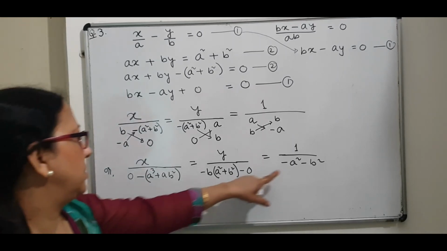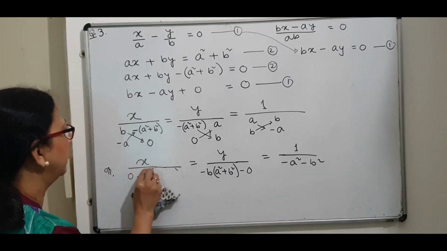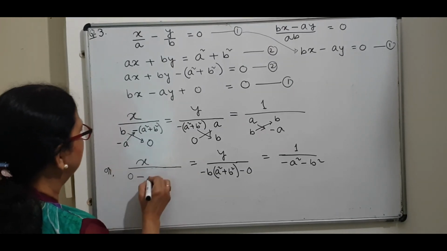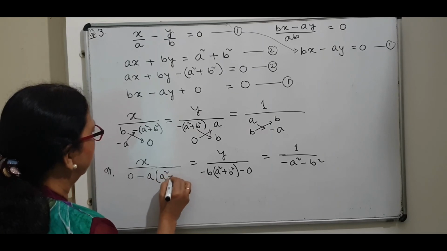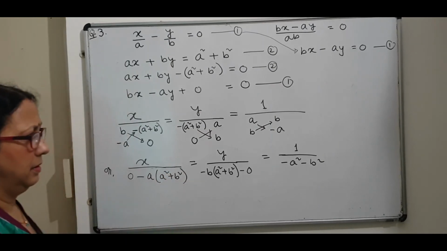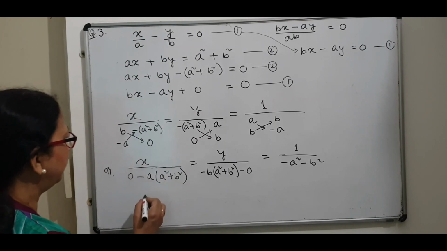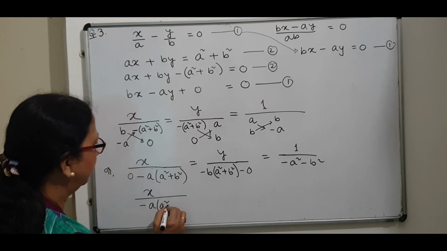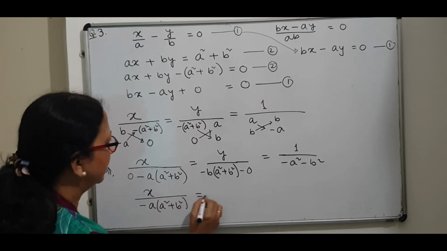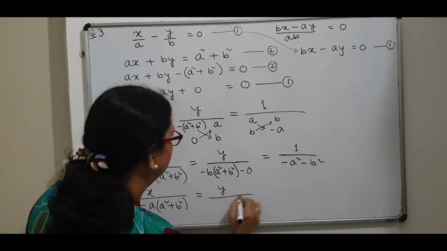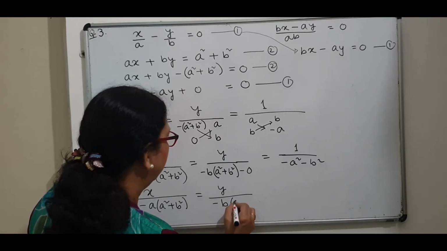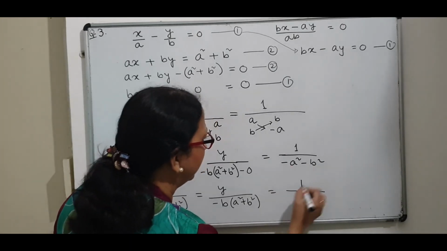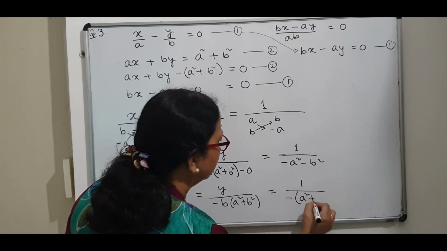As I observe, a squared, b squared is there, so instead of writing in the expression form, I write it as minus a into a squared plus b squared. Okay. So next step, x upon minus a into a squared plus b squared is equal to y upon minus b into a squared plus b squared is equal to 1 upon, take minus common, a squared plus b squared.